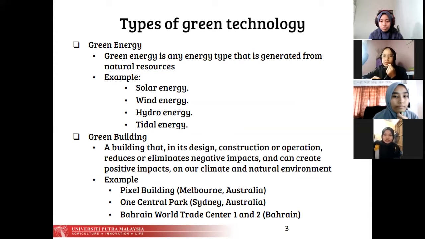Another type is green building, which is a building that in its design, construction, or operation reduces or eliminates negative impacts and can create positive impacts on our climate and natural environment. For example, Pixel Building in Melbourne, Australia, One Central Park, Sydney, Australia, and Bahrain World Trade Center 1 and 2 in Bahrain. Okay, next.